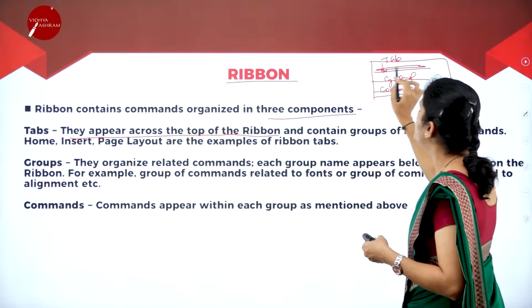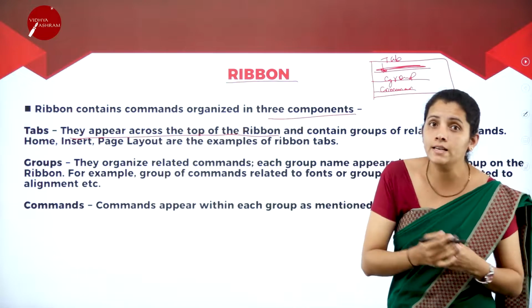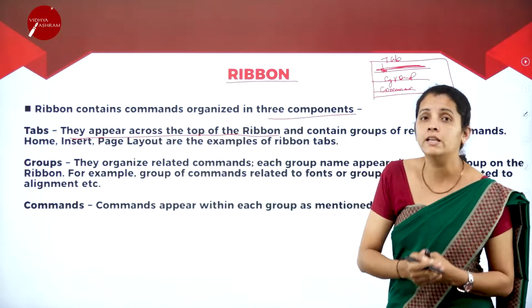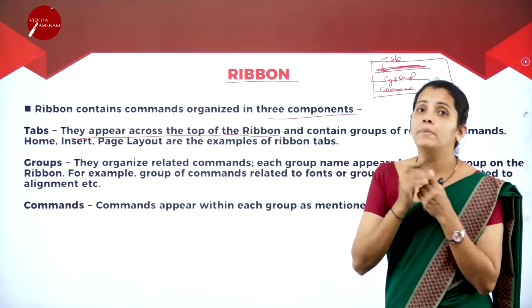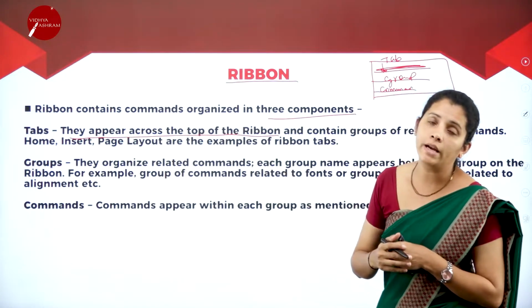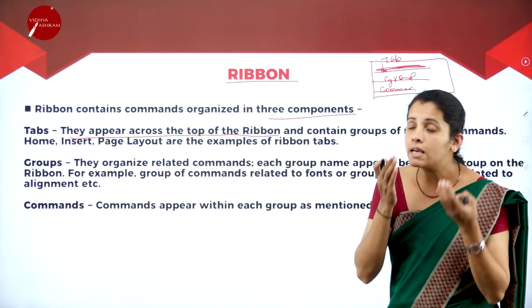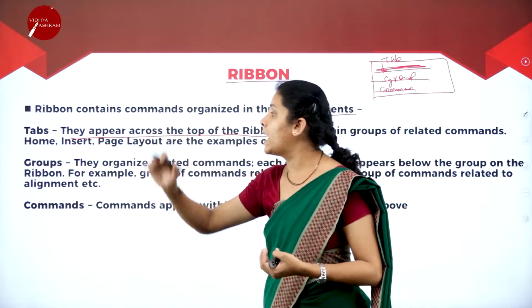The top position itself is called the tab. So what are the different kinds of tabs? That is file tab, insert tab, format tab, page layout tab, home tab, help tab, data tab. These are the examples for tabs.